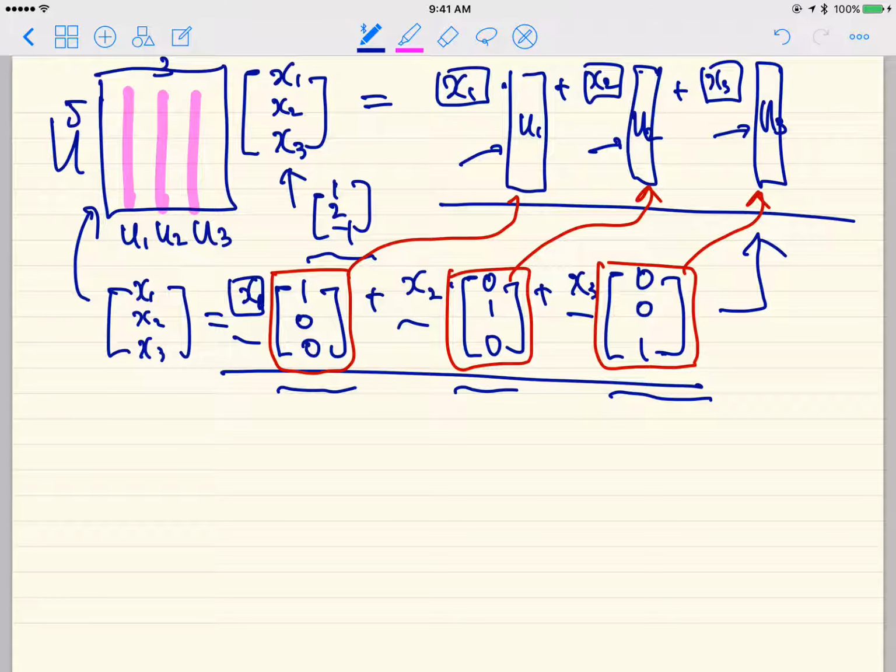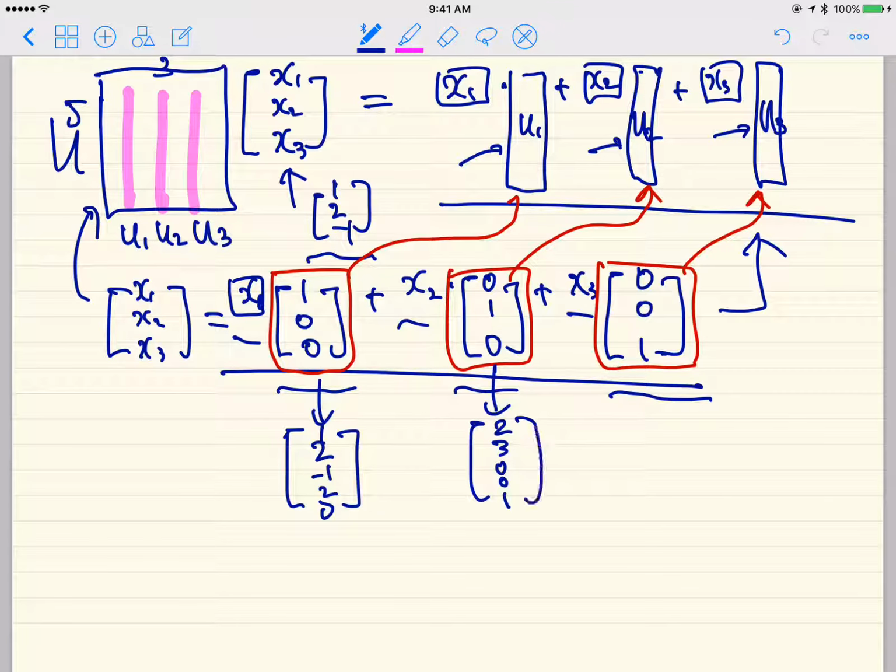In this case, they are already orthonormal, right? This vector was mapped into u1, which was 1 2 minus 1 2 0. Then this one was 2 3 0 0 1, and this one was 1 2 0 0 5. Although they are not orthonormal vectors because their length is not 1, let's just use this example.